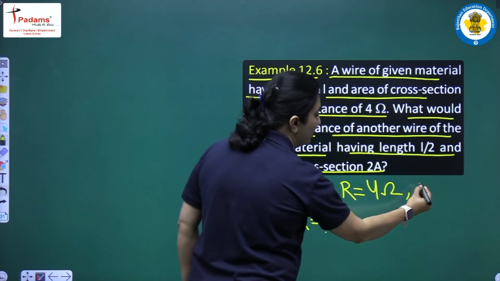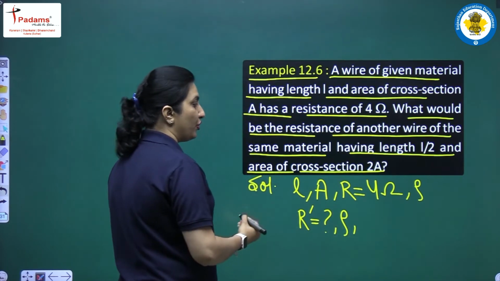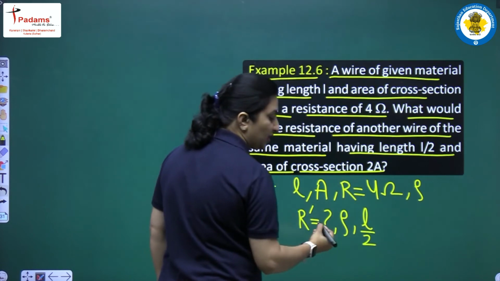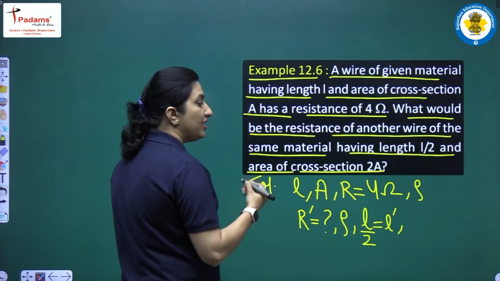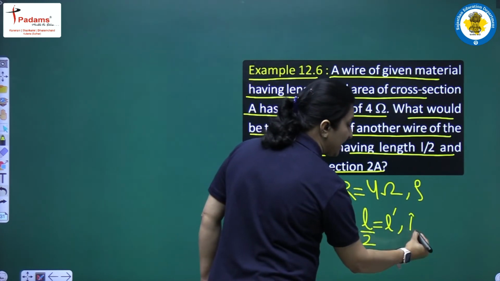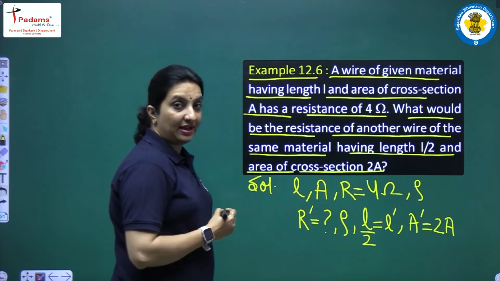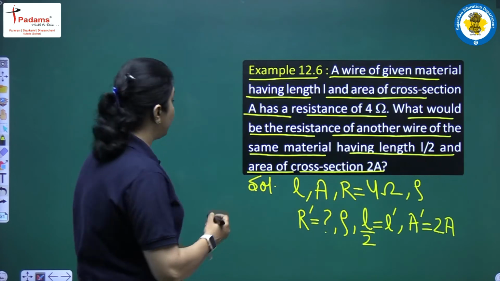This means if here the resistivity is rho, then the resistivity here is also rho, having a length of L upon 2. So here this is L dash, and the area of cross section is 2A, that is A dash is 2A. So we need to calculate the resistance of this wire.